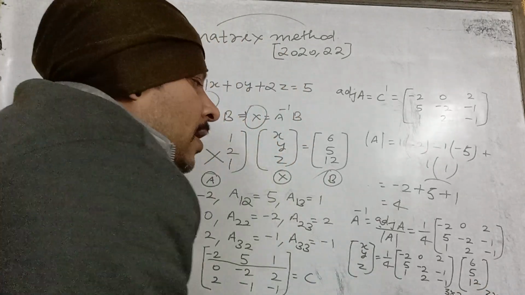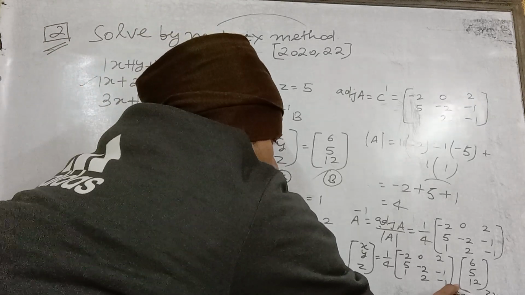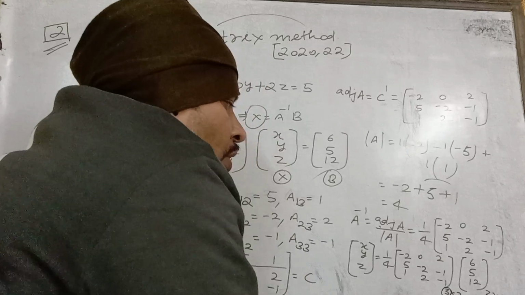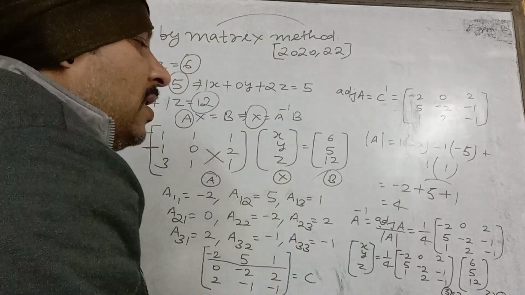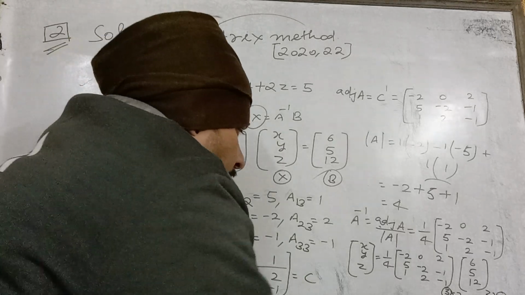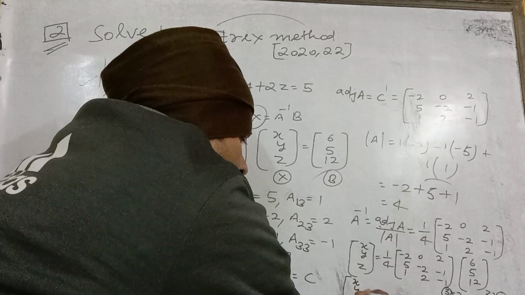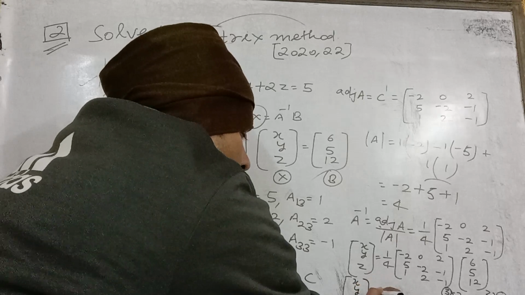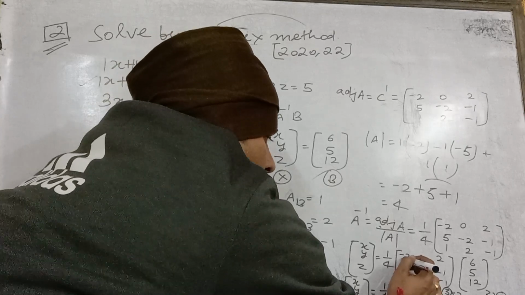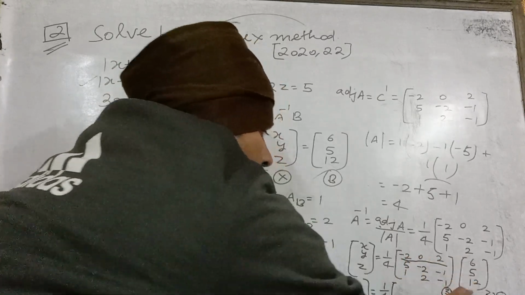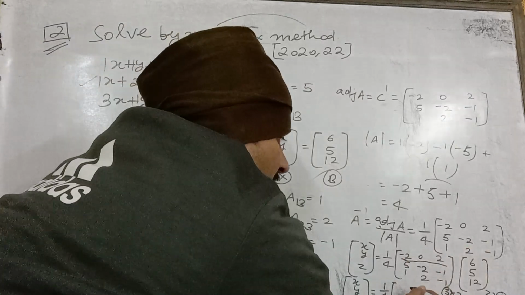When we multiply both matrices, row and column, the order is 3 by 1, 3 rows, 1 column. So this value becomes x, y, z, and this is 1 by 4. Firstly, first row multiplied by first column, and column is only 1. Then minus 2 multiplied by 6 is minus 12.